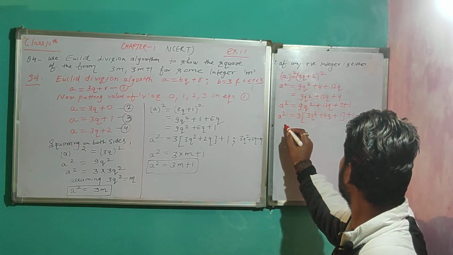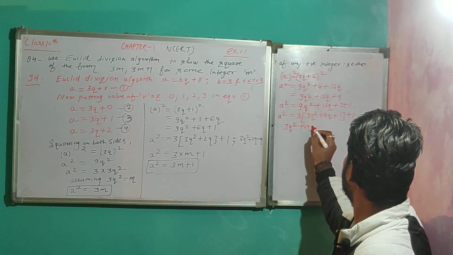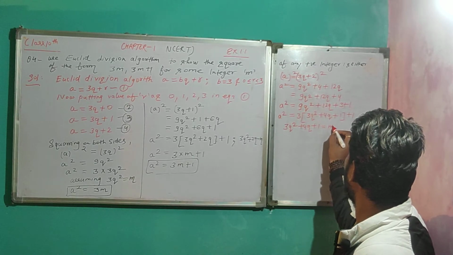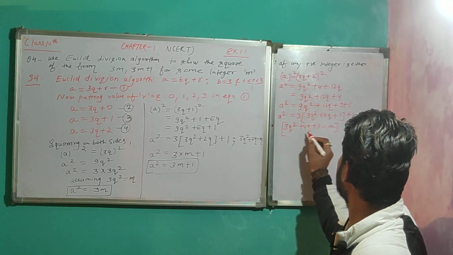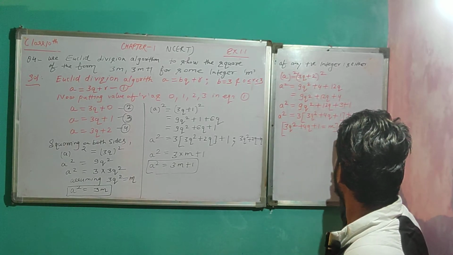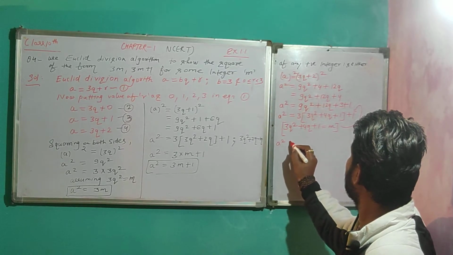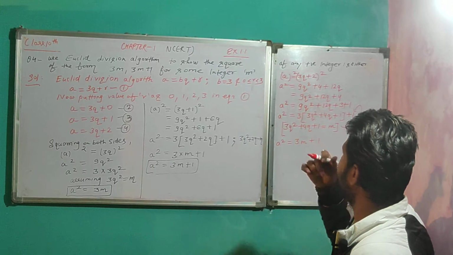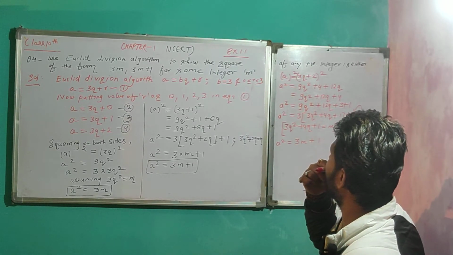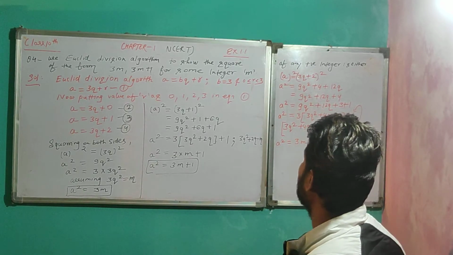Now 3q square plus 4q plus 1 is equal to m. This is our assumption. Putting this value in this equation, we get a square is equal to 3m plus 1.